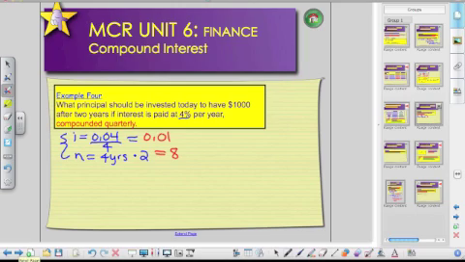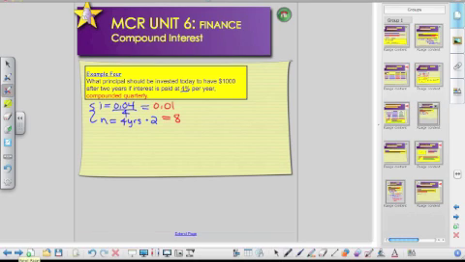So once you figure out your compounding values, then we can plug everything into the formula. So present value, or the principal, remember P stands for both terms, is equal to A over 1 plus I to the power of N.